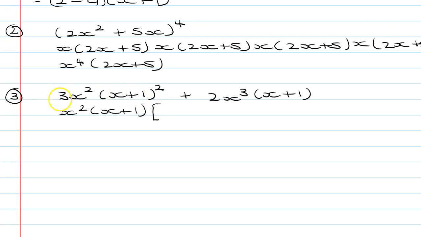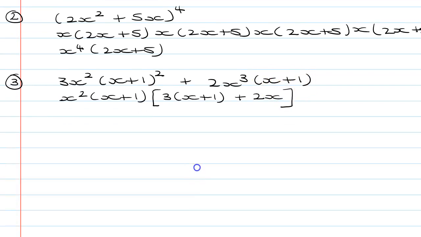So let's look at the first term. In order to get the 3x squared bracket x plus 1 squared, I need an extra 3 and an extra x plus 1. Now let's look at the second term. I've got a 2, so it's a plus 2. X squared I've pulled out, so I've still got an x. And that's it, because I've also pulled out the x plus 1. Now let's just focus on that square bracket.